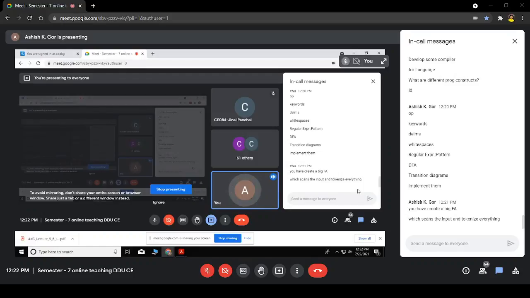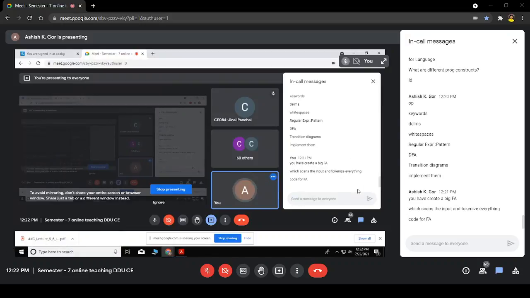But ultimately that is what you are going to do. So if you are given a project to create a lexical analyzer, you have to find all these things, find out their regular expressions or regular definitions, and convert those regular expressions to automata. Those small automata need to be combined together, and you finally come up with one large automaton. And you have to implement the code for this FA or transition diagram.